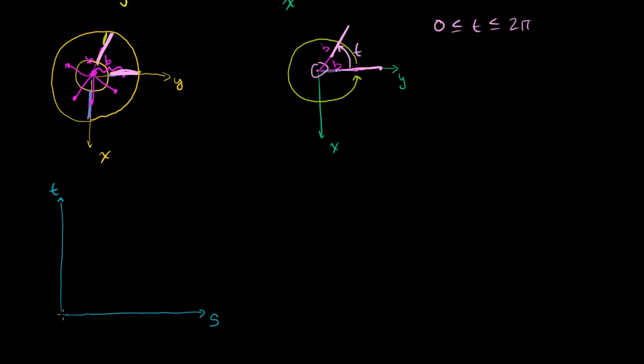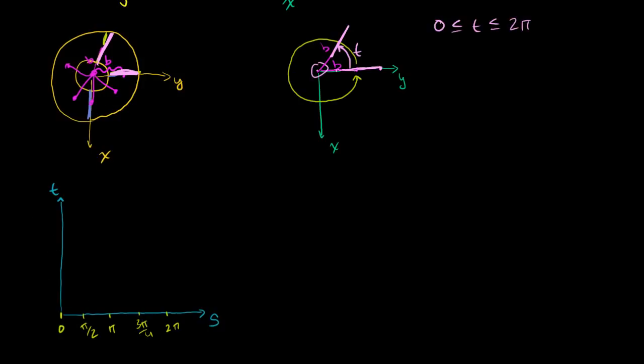So they're both going to vary between 0 and 2 pi. So this right here is 0. This right here is 2 pi. We do some things in between. This is pi. This would be pi over 2. This would be 3 pi over 2. We do the same thing on the t-axis.